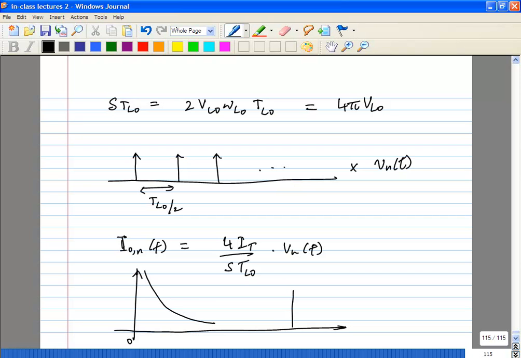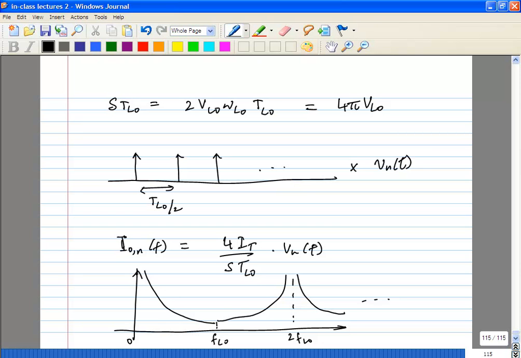Let's say this is your spectrum. What you'll see is every 2 FLO the flicker noise of your switches coming in to the output noise spectrum.